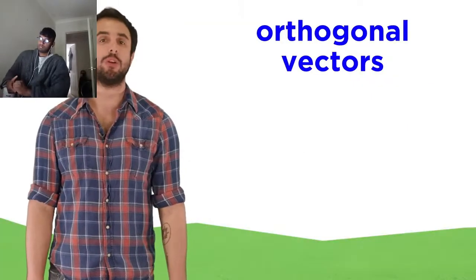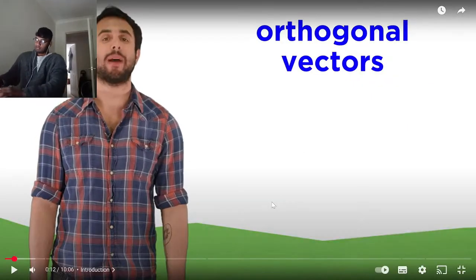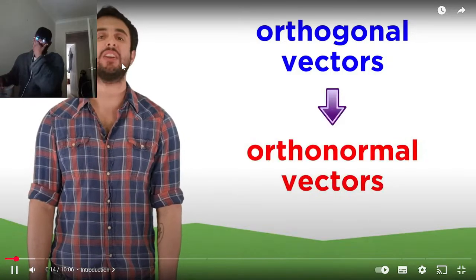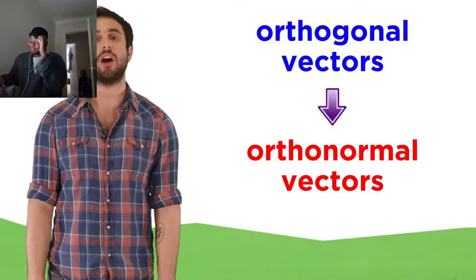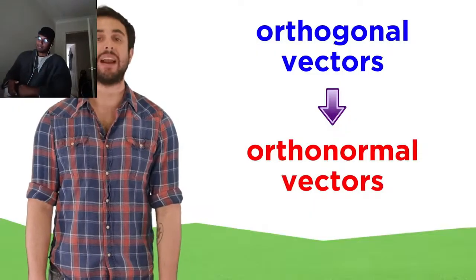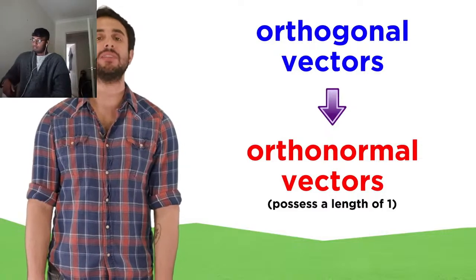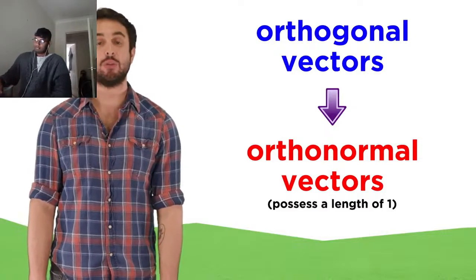In the previous tutorial, we learned all about orthogonal vectors and how we can generate from these a set of orthonormal vectors by taking each vector and dividing it by its length. This makes each vector's length equal to 1.